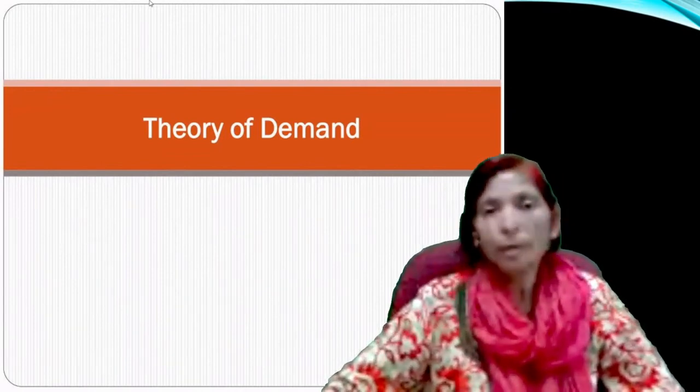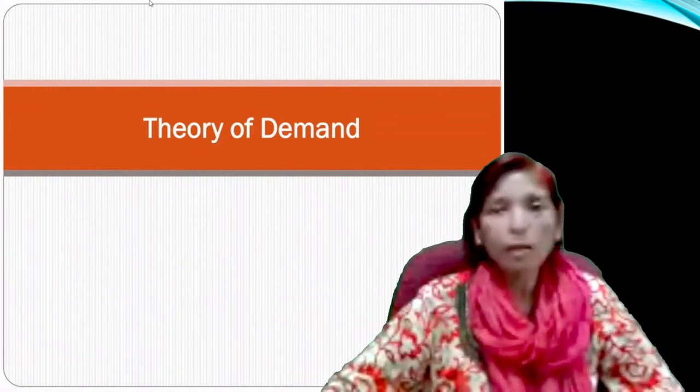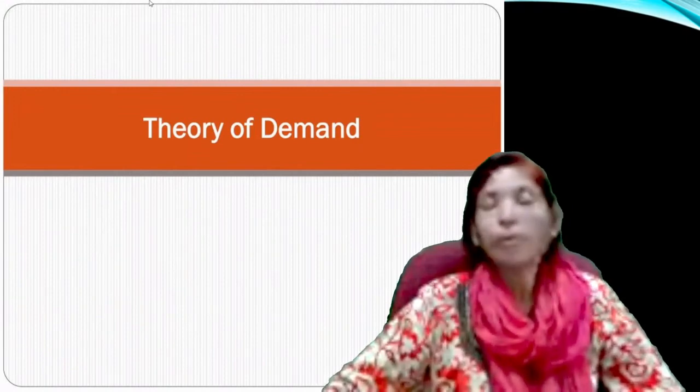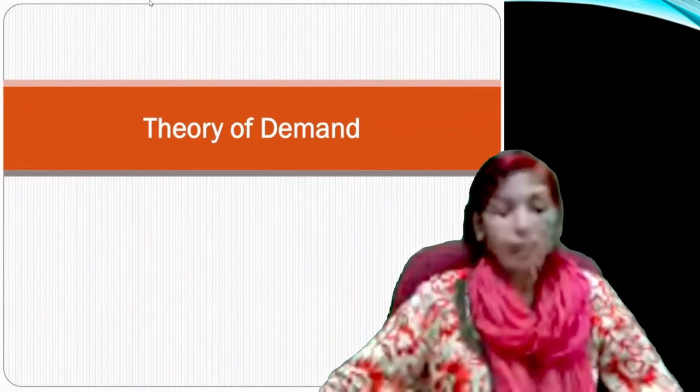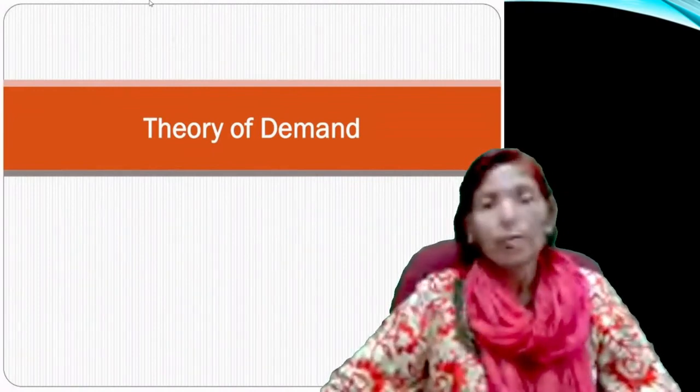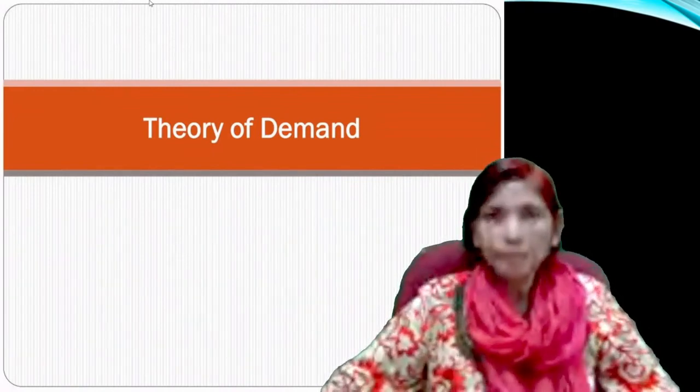To know the demand of the country's people, the demand of an individual person, and the demand of the whole population, it is very necessary to understand demand for demand forecasting.